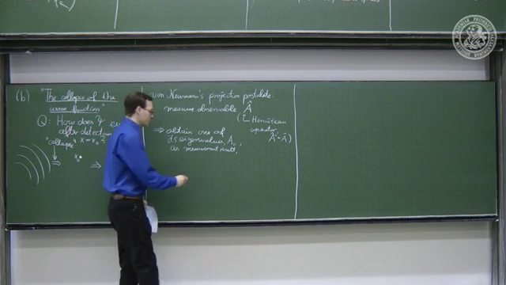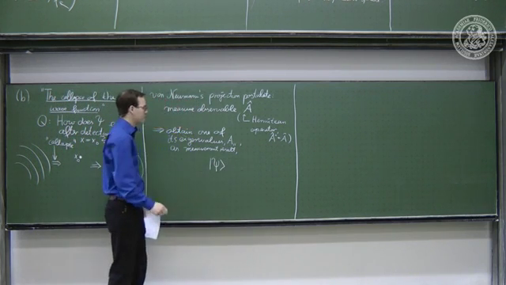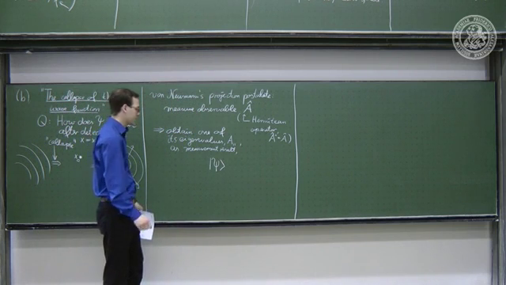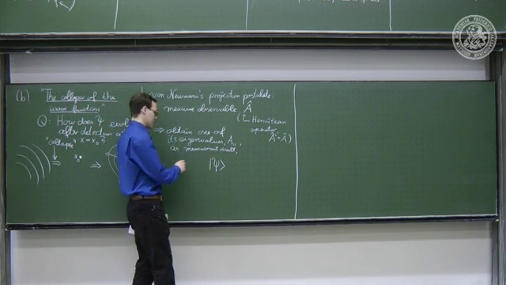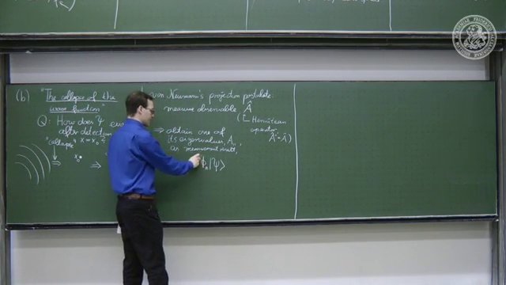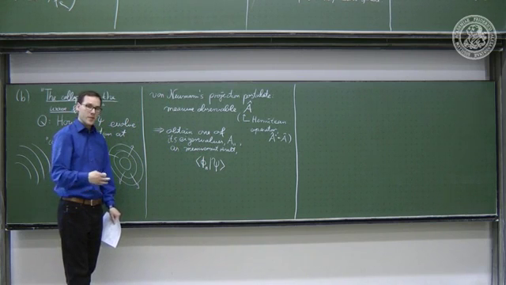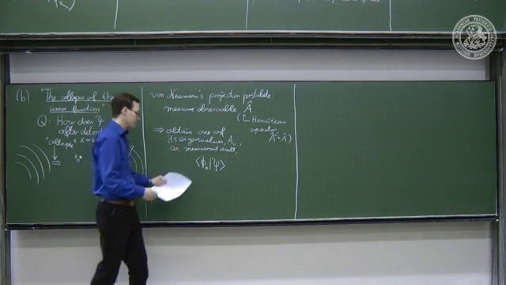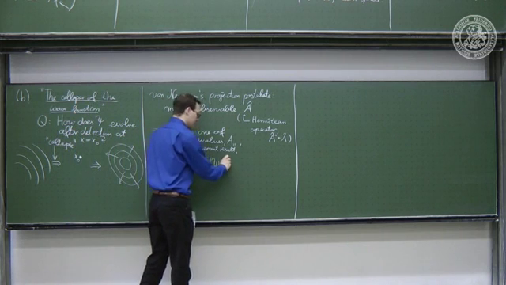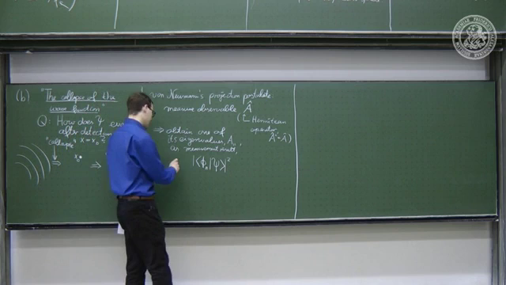And so what we would do is we would take the state psi, which we want to measure, which is the state just before measurement, and we project it onto the eigenstate phi n of this observable A. And that would give us the probability amplitude to find this eigenstate, and then we would square it, and that would give us the probability to actually find this.